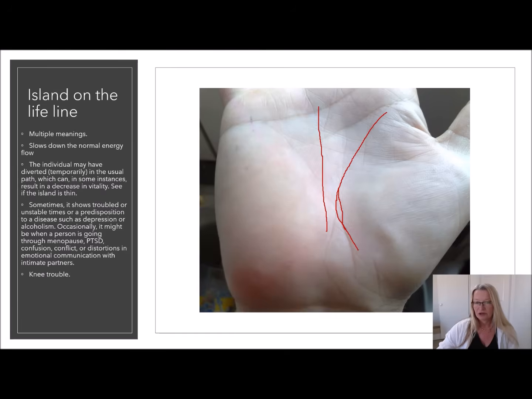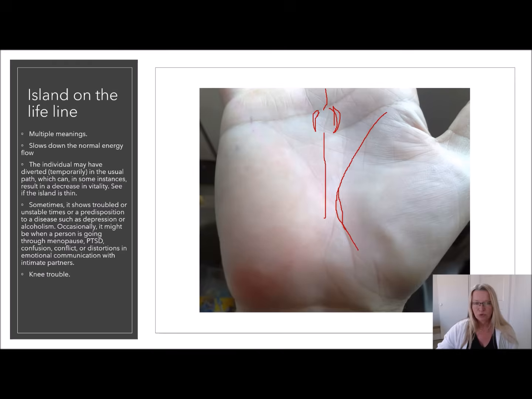So if the island shows in the middle of the life line, around age 40 for instance, and the fate line stops for a period in the center of the palm, that might indicate that during that period the person might be unemployed, because the career line is missing. So that might hint that the island has to do with the career.